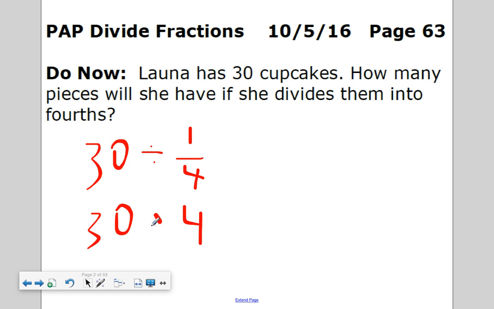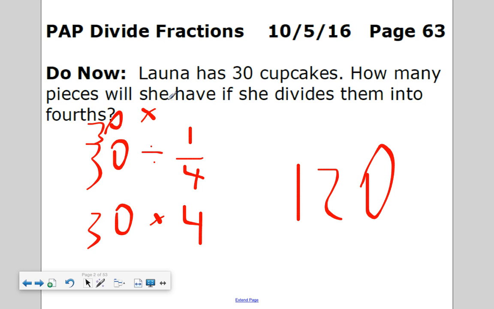So 30 times 4 is 120. If we use the mathematics of multiplying by the reciprocal, we keep the 30. What's the reciprocal of 1/4? 4/1. So 30 times 4 is 120. 120 divided by 1 is 120.